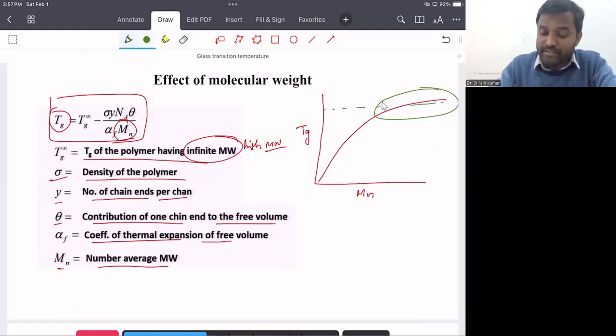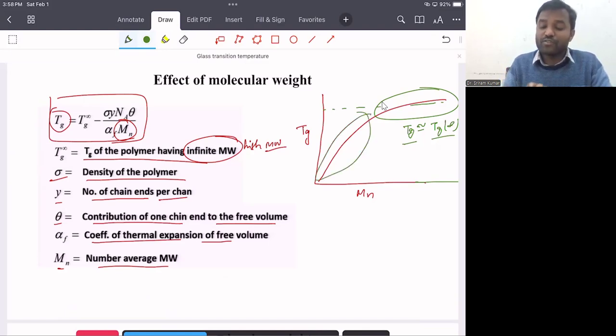In this range we will have Tg equal to Tg infinite, so at very high molecular weight the glass transition temperature is equal to the glass transition temperature of infinite molecular weight. So in this range, we have the variation of molecular weight. If we increase the molecular weight, there is an increase in glass transition temperature.